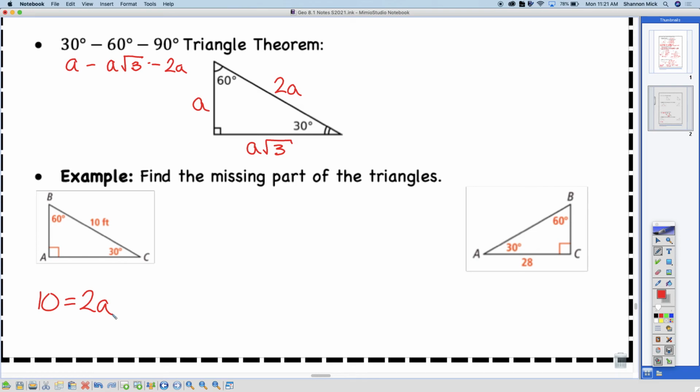Well, it doesn't matter. 2A equals 10, 10 equals 2A, is it the same thing? I divide by 2. The 2's reduce and A equals 5. So since A equals 5, we come up to the rest of my triangle. This side right here is across from 30, so it's just A, and A was 5. This side is across from 60, so it's A square root of 3. So it's 5 square root of 3.